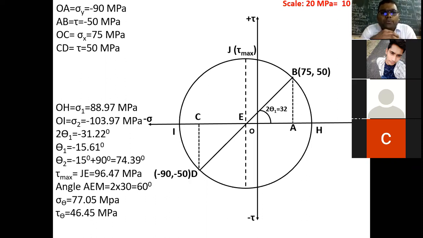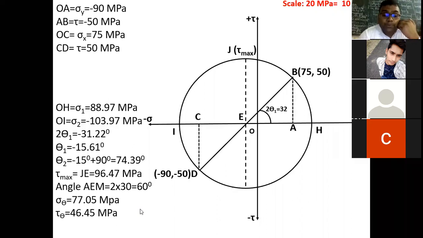So how to find the tau max? You just measure JE, and you multiply by this scale, and it comes around 96.47 megapascal.